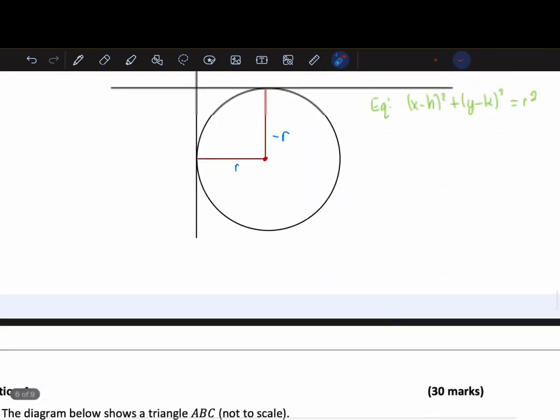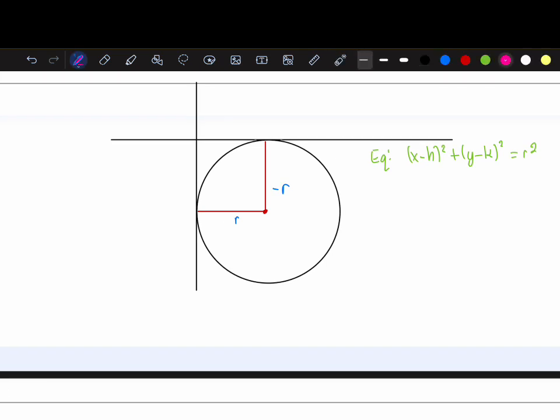So if I do a rough sketch of where this is right now, I can say right here is the point (1, minus 8). Otherwise, I have an x and a y value. I don't have my center, but I can write my center in terms of the radius.